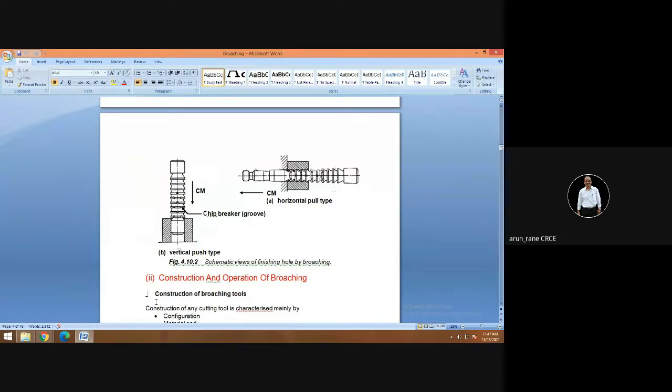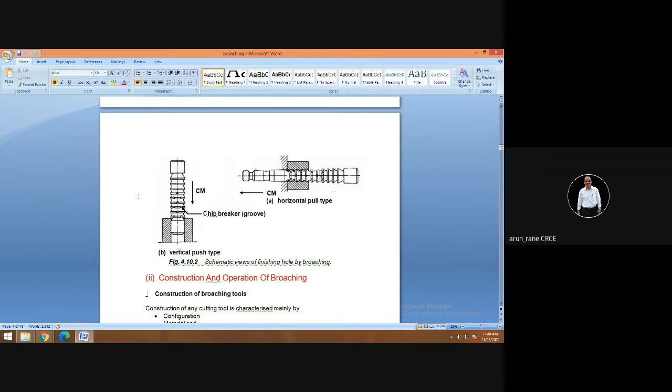Often the vertical broaching machines are common because of the space constraint. Because normally in any unit you will get height, but it's difficult to get length. Suppose if I want to purchase a horizontal broaching machine, then it is going to occupy a lot of space, and in Mumbai or anywhere the space is always a constraint.